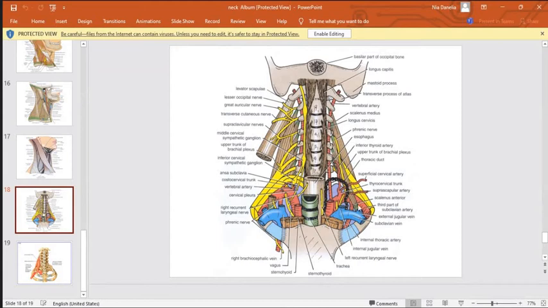The second part of the artery gives off the costocervical trunk. Here it is not shown because scalenus anterior covers it, so on the other side this muscle is removed, and the branch which arises from the second part is the costocervical trunk.